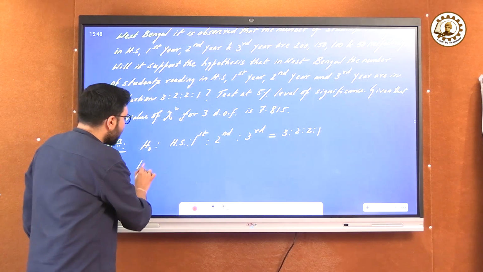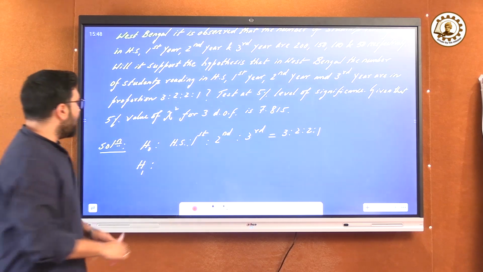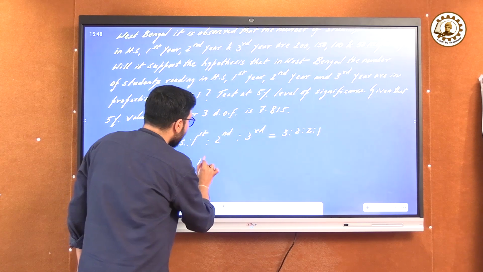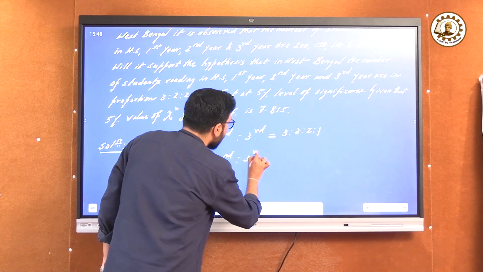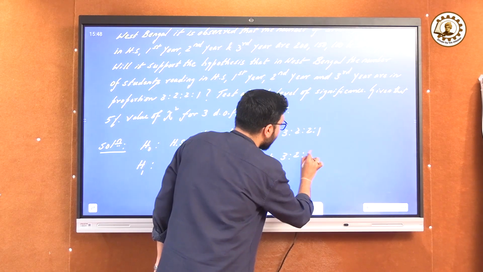Based on the above statement, we can also frame the alternative hypothesis. So the alternative hypothesis is HS first year, second year and third year, it is not 3:2:2:1.